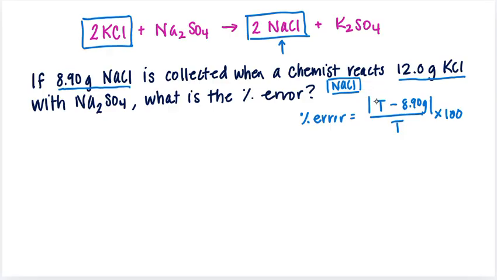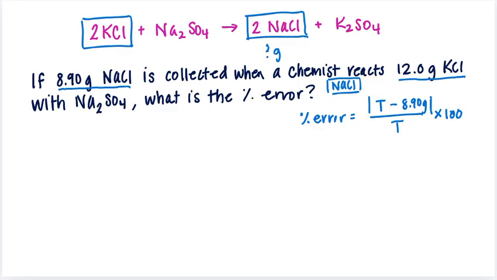That means that my theoretical yield needs to be in grams of NaCl as well. So if I can find grams of NaCl, I can solve this problem.